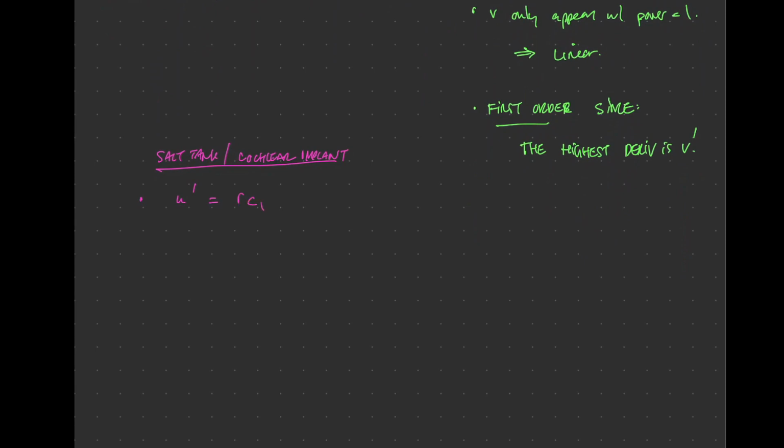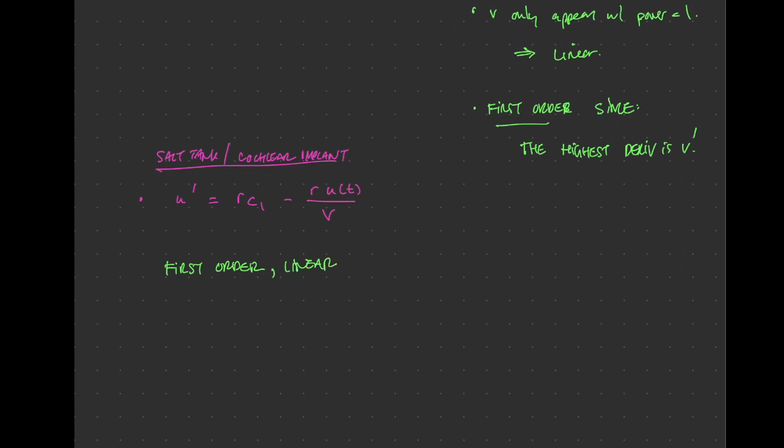R C1 minus R U of t all over V. And so here we knew some things. Well, we see it's first order, right? We can see it's linear because U only has a power of 1 here.